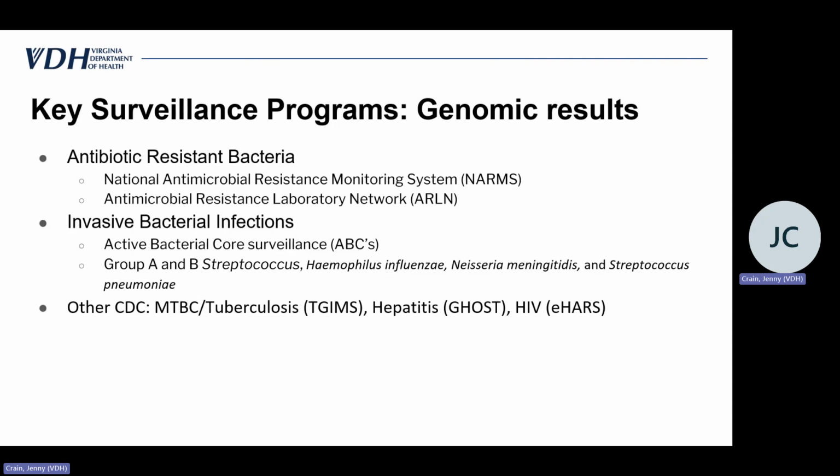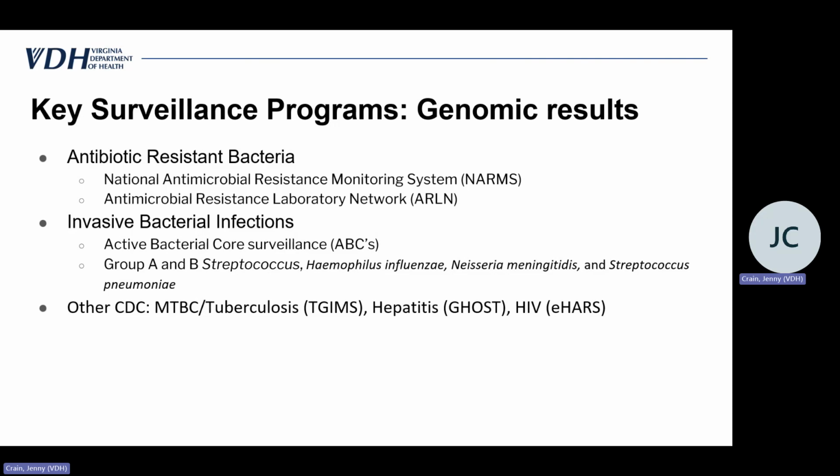So CDC, FDA, and USDA are involved in that surveillance. And also our ARLN, or Antimicrobial Resistance Laboratory Network, that has been around since 2016. Again, ongoing genomics surveillance systems that involve genomic results. And so those laboratories do genomic sequencing. For Virginia, our ARLN lab is based in Maryland.